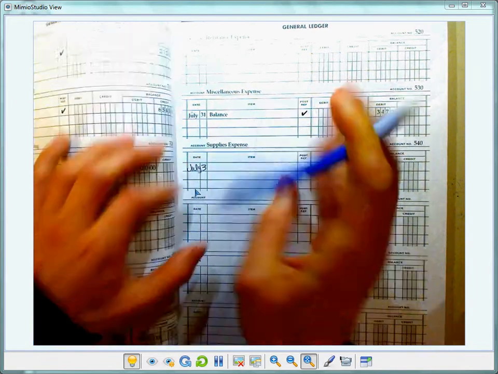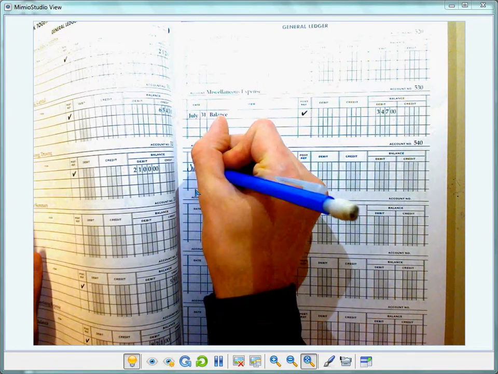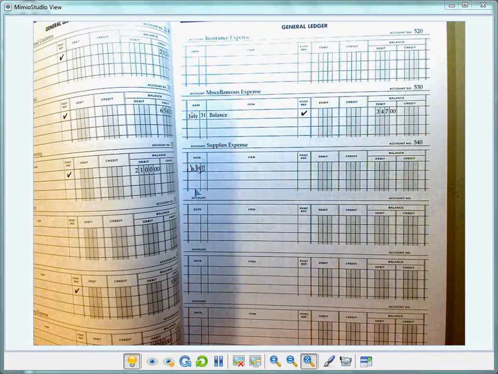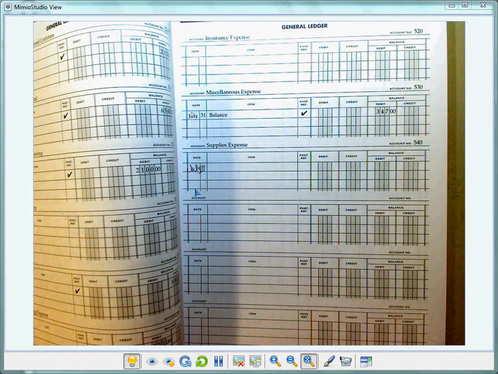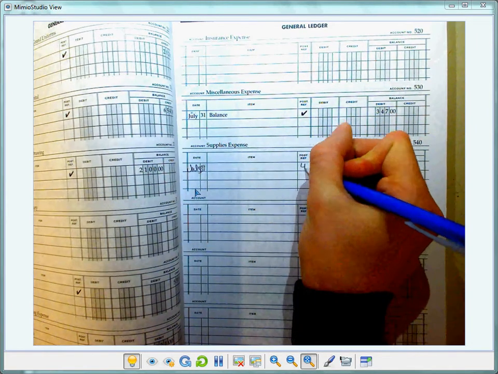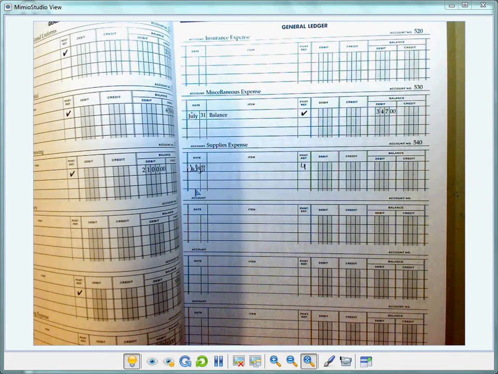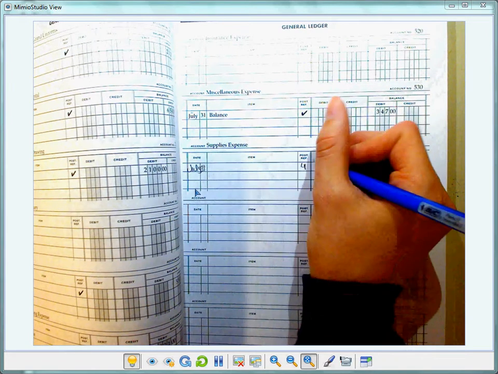We're writing this on our supplies expense. Our post reference is just whatever our journal page number was. So we're just going to put a number 4 in here. We were on page 4 of the journal.